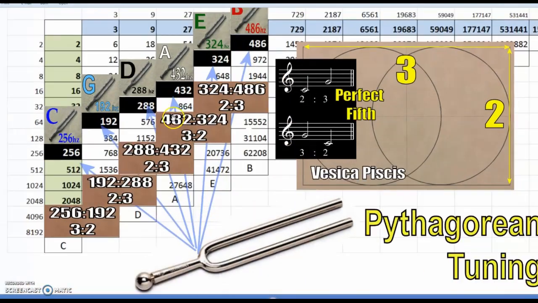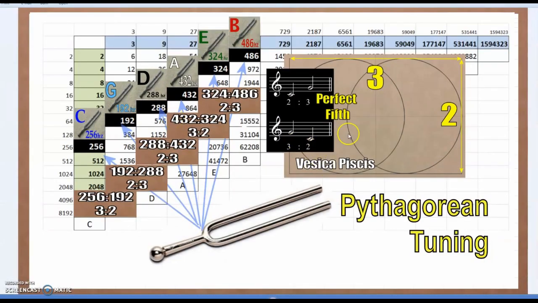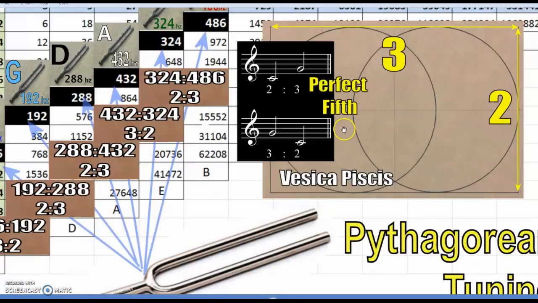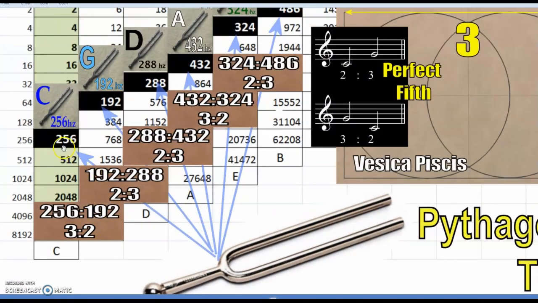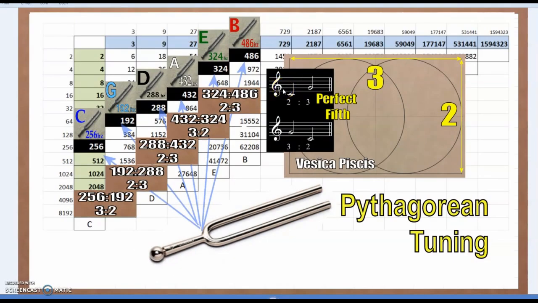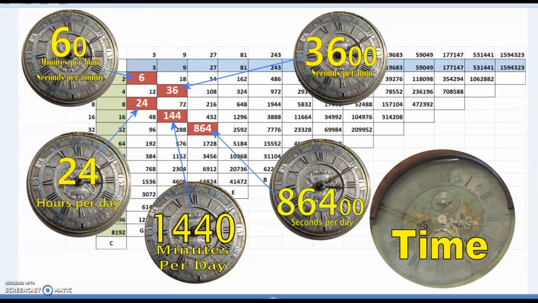These are all Pythagorean tuning, as it's called. What's important to note is that the 3 to 2 ratio, or 2 to 3, is the perfect fifth in music theory, the ratio between these. So C 256 divided by G 192 is a 3 to 2. 192 to 288 is 2 to 3. 2 to 3, 3 to 2, 2 to 3. So that geometry will be an important feature in regards to music.